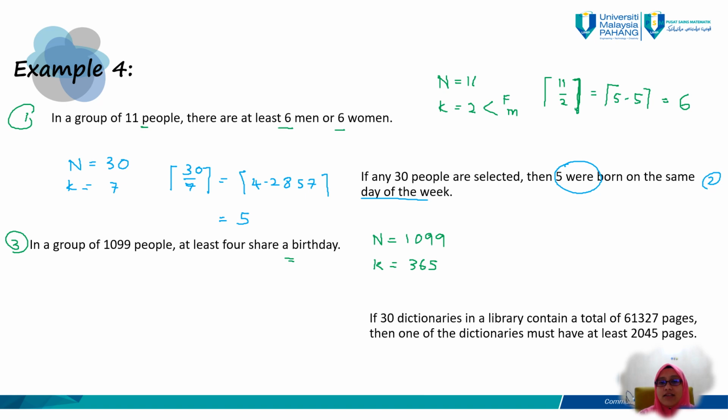So by using the formula N over K, we have 1099 divided by 365, so we will have 3.01. We round off to the largest integer, so we will have 4. So this is the correct answer.